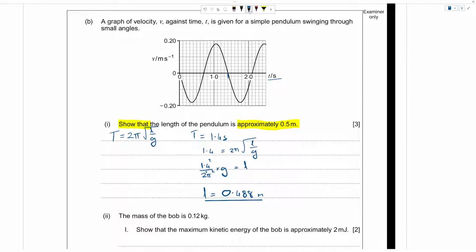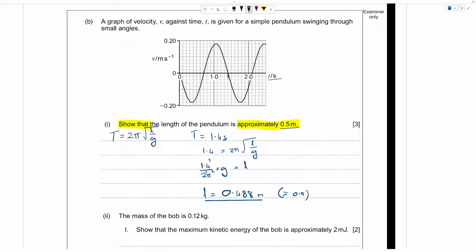Always calculate the exact value, because by doing so you're showing the examiner that you have checked that the expression you have does actually produce something that's approximately 0.5. Whereas if you simply put those numbers in and then say that's approximately 0.5, have you checked that, or are you just assuming that that is the case? So always give that exact value. There is no requirement then to say that that's approximately 0.5. You don't need to say that.